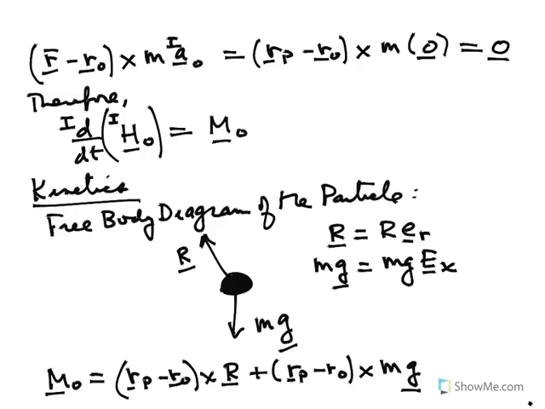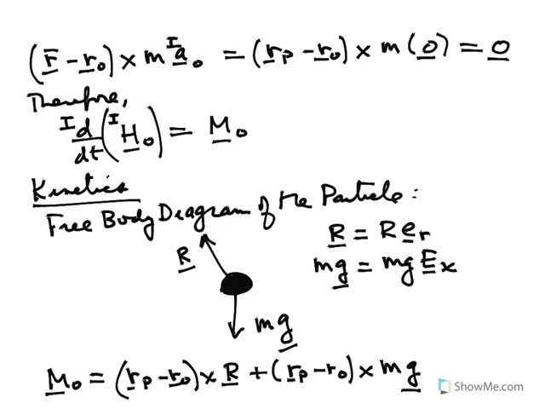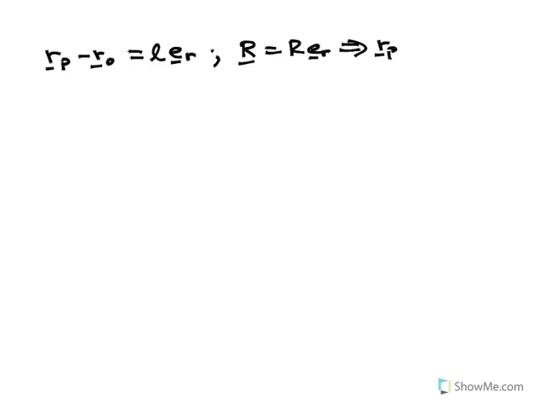But the position of P relative to O is actually in the same direction as R. So the position of P minus the position of O is equal to L ER, and R is equal to R ER. So that implies that the position of P minus the position of O crossed with R is equal to 0.